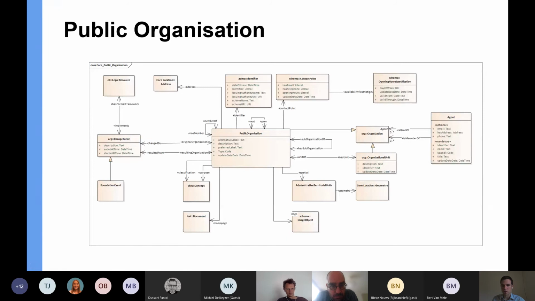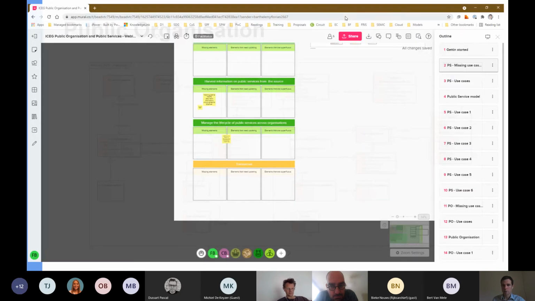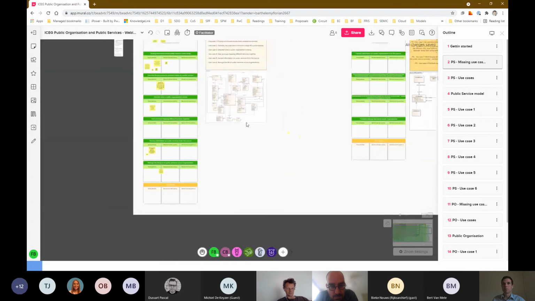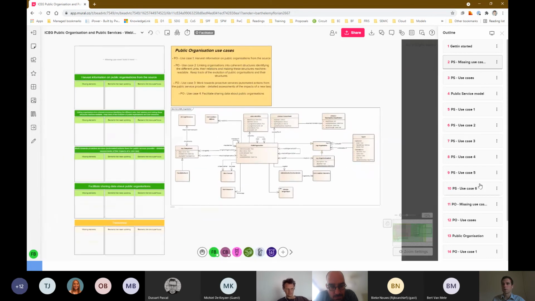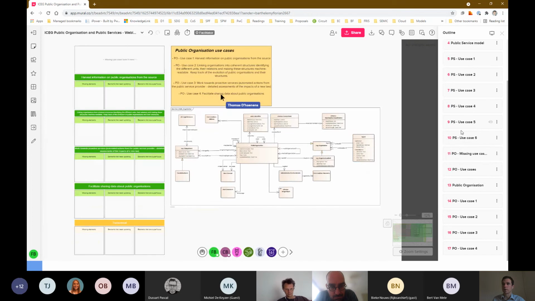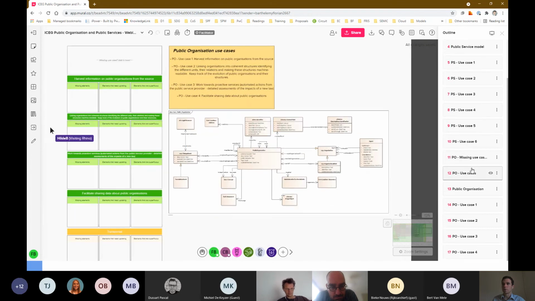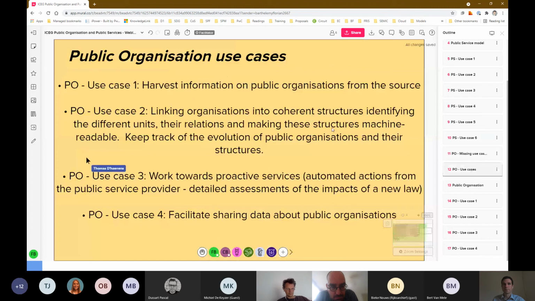And so I propose we go back to Mural, if you still have the link, or if it's still open on your end. On the right side of the screen, you can also see in the outline, you can click to the use cases and also to the model.